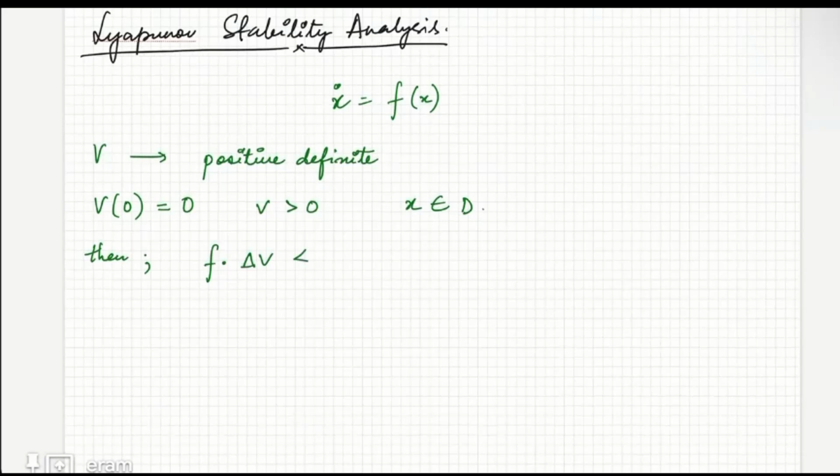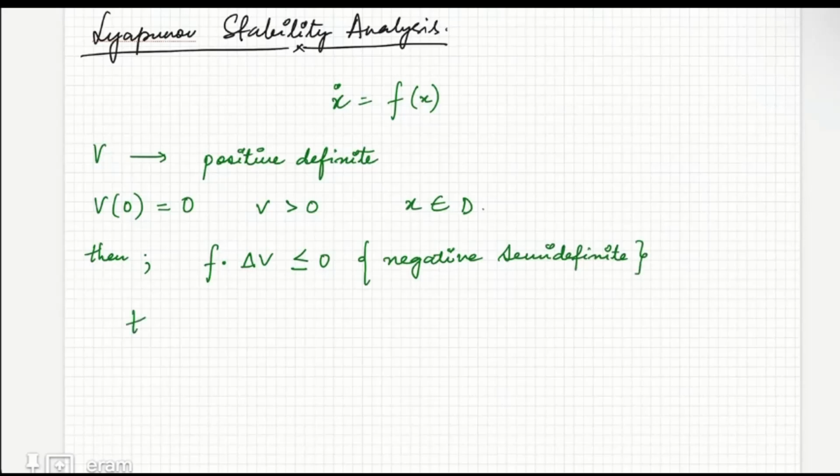If this is less than or equal to 0, that means if it is negative semi-definite, then the solution x(t) will be stable.